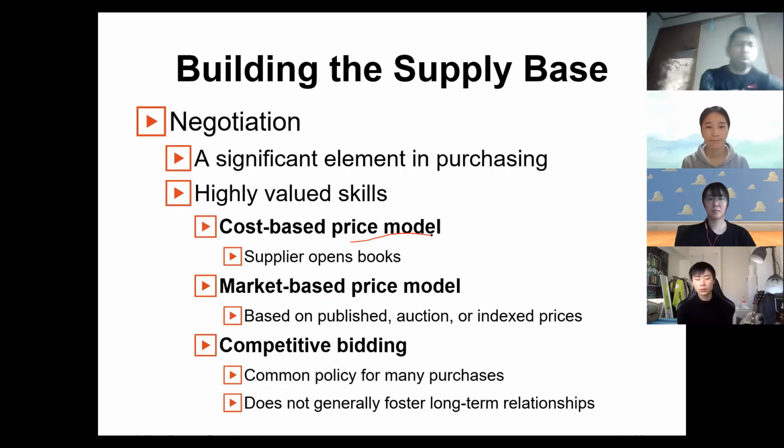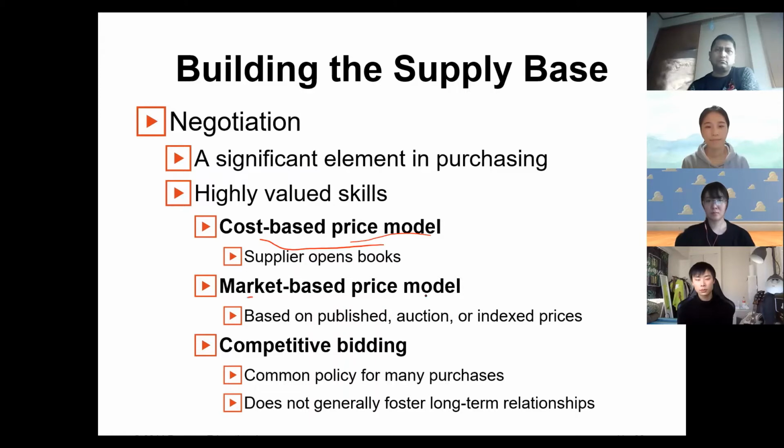And if there is fluctuation in terms of the material, then there will be some compensation, or there is an escape clause for that, okay? So as cost-based price model, any escalation will be accommodated. Any changes will be accommodated.